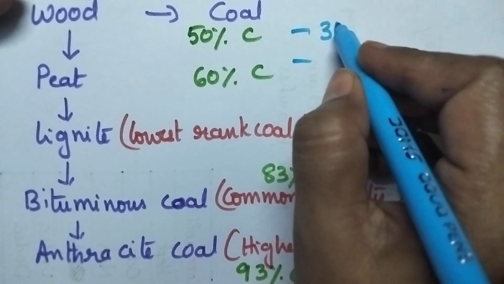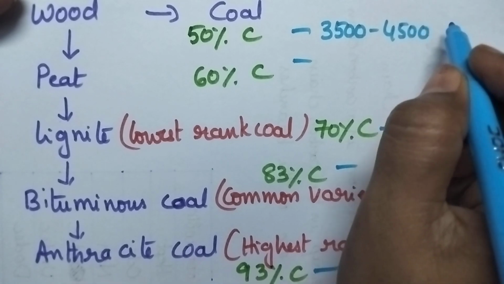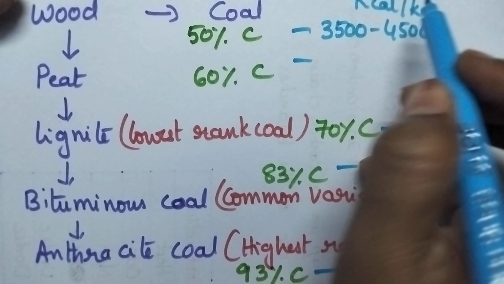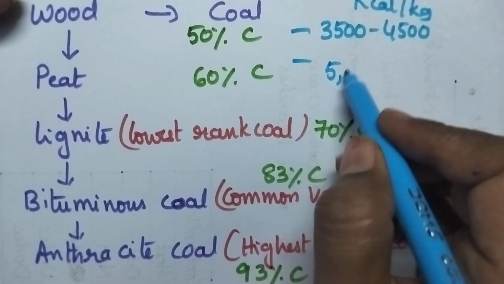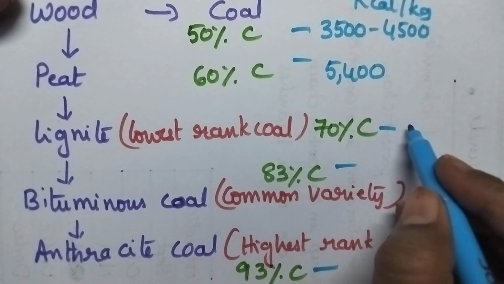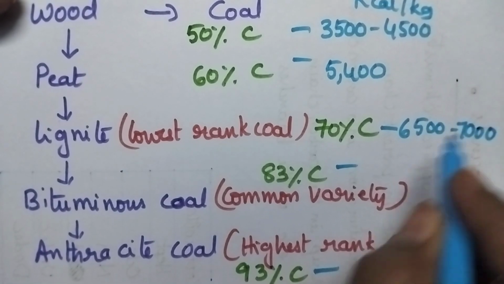the calorific value of wood sample is 3500 to 4500, and the units are kilocalorie per kg. Coming to the peat, its calorific value may be around 5400. Lignite exhibits calorific value around 6500 to 7000.